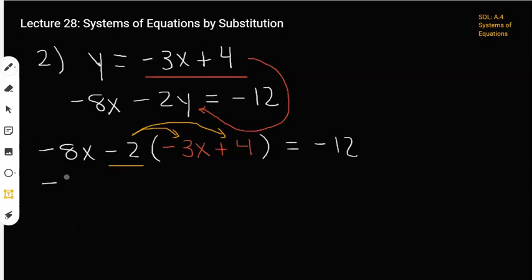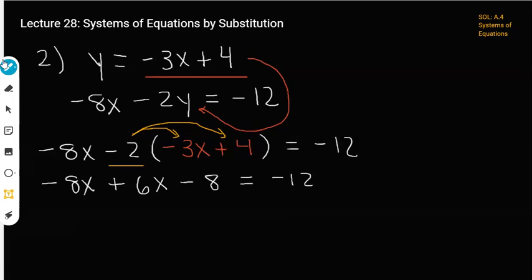I've got negative 8x. Negative 2 times negative 3x is going to give me a positive 6x, so I'm going to write plus 6x. And then I need to multiply the negative 2 by the positive 4. That's actually going to give me a negative 8. And then everything is set equal to negative 12 over here.